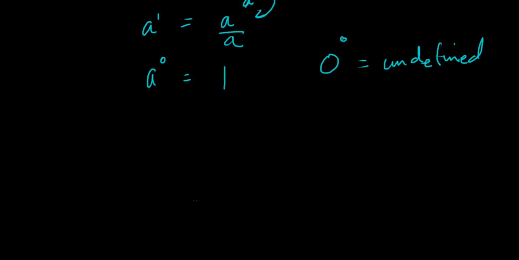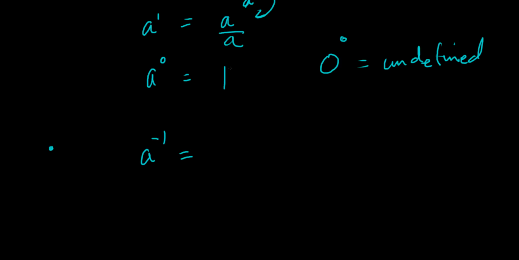Okay, so the next rule, actually, we can build off of that. What if you have a to the -1? So now we're talking about negative exponents. If we use the same sort of reasoning we did here to prove a to the 0, well, again, if we took the previous exponent, we decreased by 1. It's like if we were to divide by a.